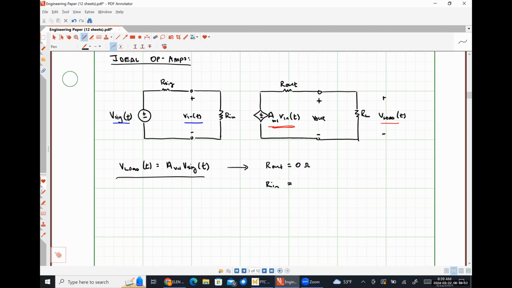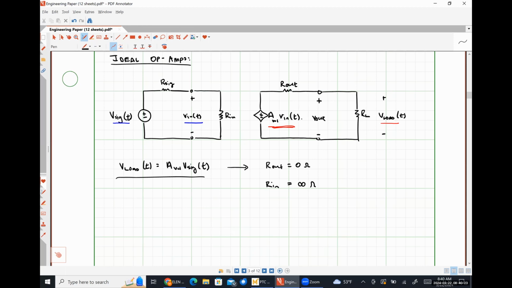Much, much bigger, like infinity, an open circuit, right? So in an ideal op amp, the input resistance is infinitely large and the output resistance is infinitely small, or 0, okay? That will make Vsig equal to Vn and Vload equal to AVOL times Vn.